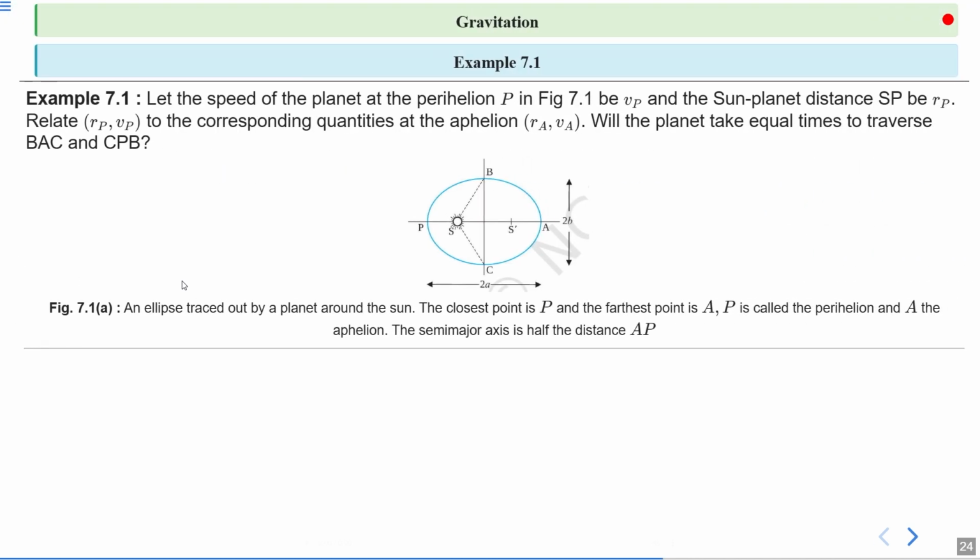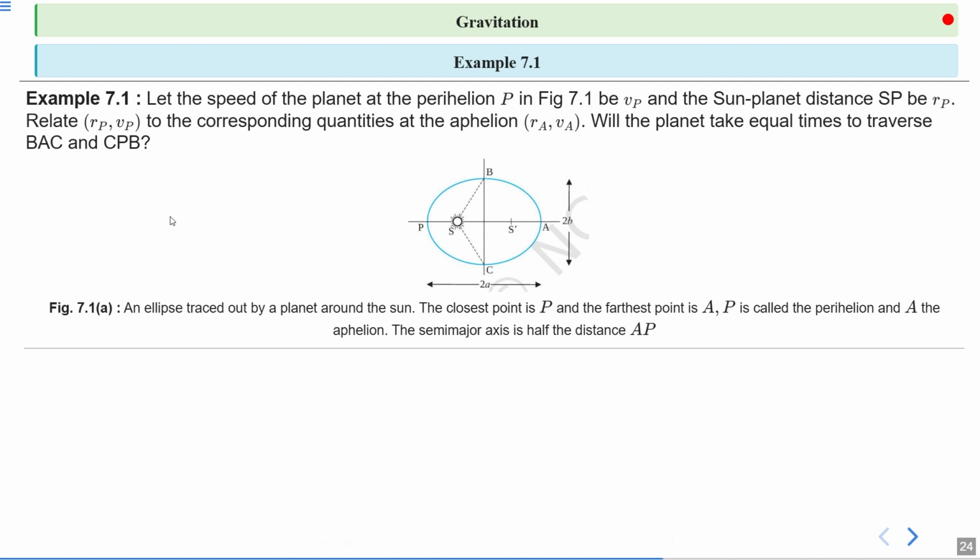Now example 7.1. Let the speed of the planet at the perihelion P in figure 7.1 be VP and the Sun-planet distance SP be RP. Relate RP and VP to the corresponding quantities at the aphelion.